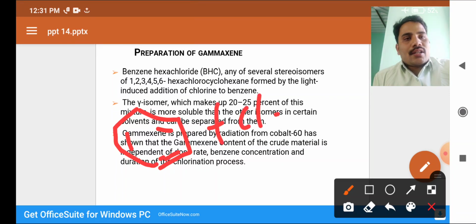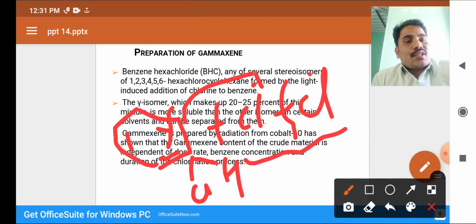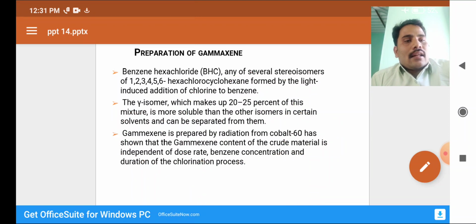Under chlorination, radical formation takes place; the bond breaks and the hydrogen is abstracted, with hydrogen replaced by chlorine. This is the chlorination process, a simple process of breaking the bond by sunlight.